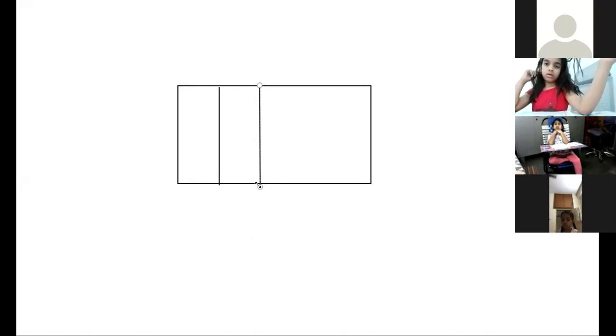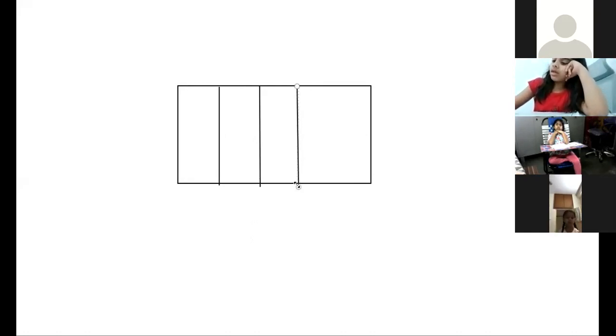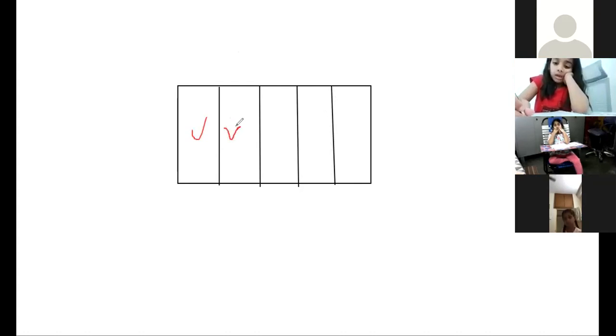This is just to explain to you. Now let us count into how many parts I have divided this: 1, 2, 3, 4, and 5. So now I have divided this rectangle into 5 parts.